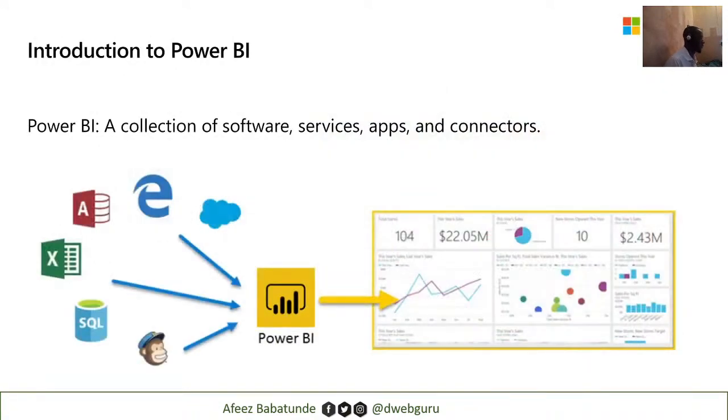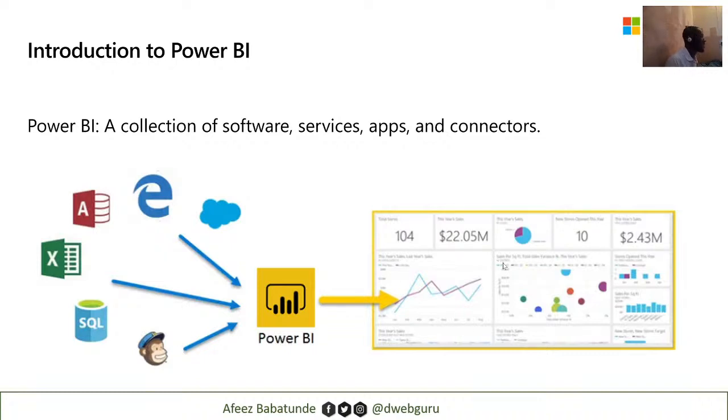So let's get started with Power BI. Power BI is just a collection of software services, apps, and connectors. You can use Power BI to connect to any kind of data source. As you can see on my screen, we have different sources of information, and we have Power BI in the middle, acting as a middleman, taking all this data and presenting it in this format.